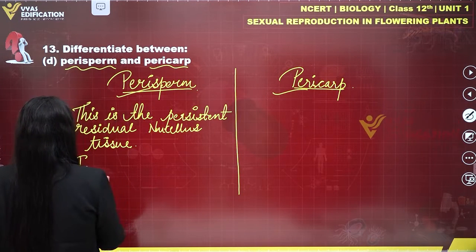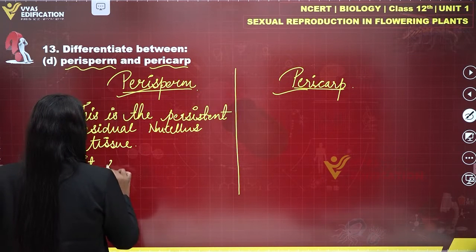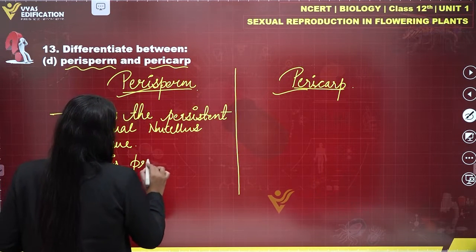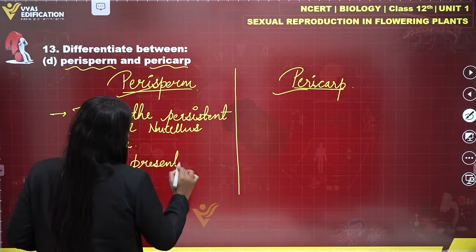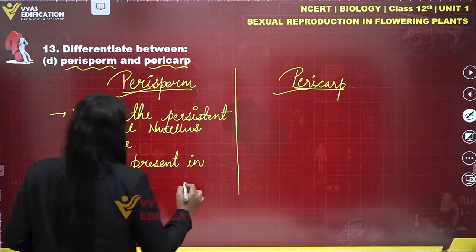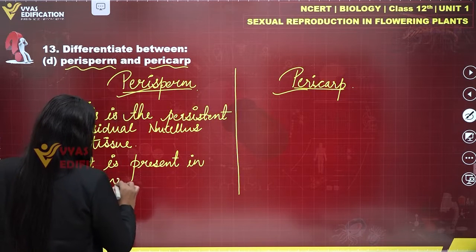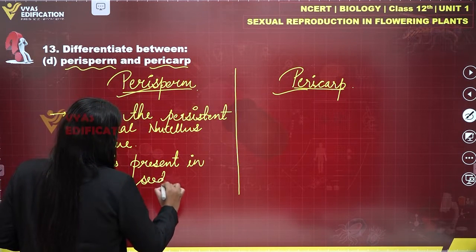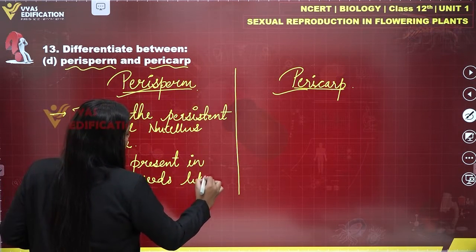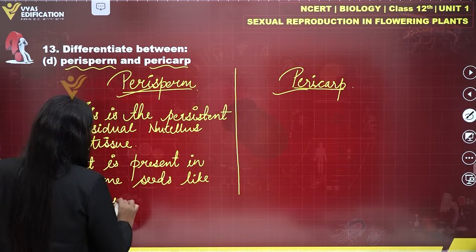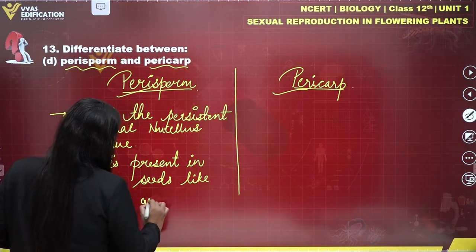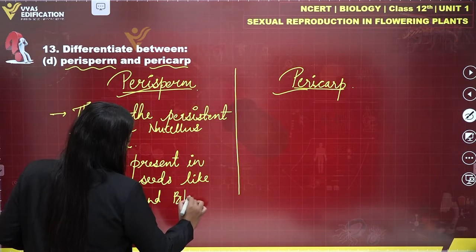It is present in some seeds like beet and black pepper.